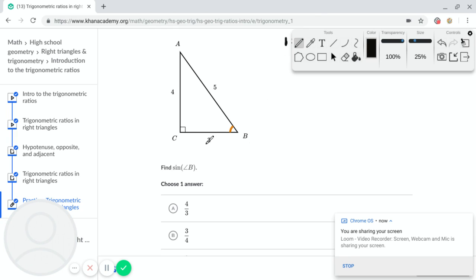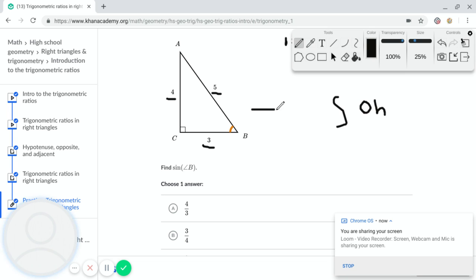So we already know that 5 is the hypotenuse in this case. And we can tell from that the adjacent side for B is 3 and 4 is the opposite side. And they want the sine, which, remember, I know that's an ugly S, but just look past that for a moment, okay?